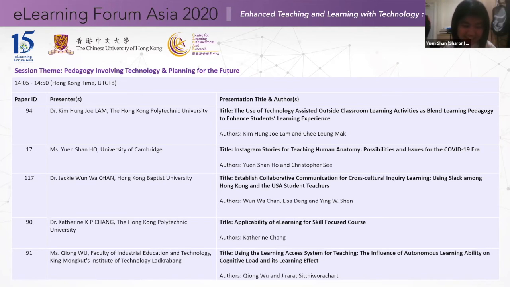Well, when I really want to learn anatomy, I will purposely click on the account, because in Instagram stories you can see a lot of circles on top of the feed, and you can just click on the one that you want to see. So if I just want to look at the anatomy things, I can click on that anatomy account.